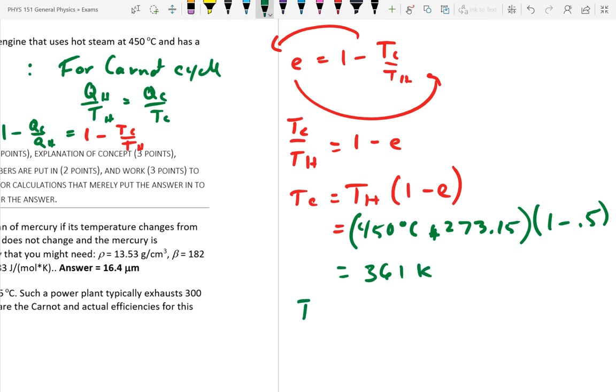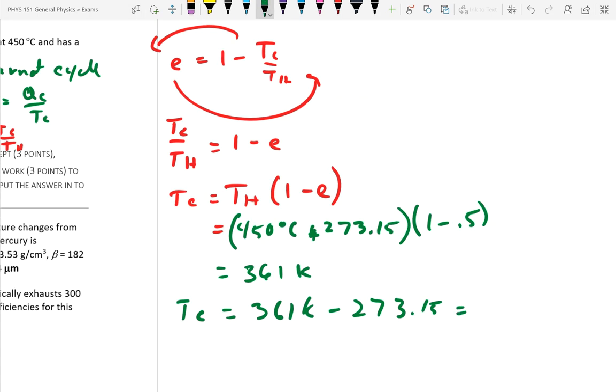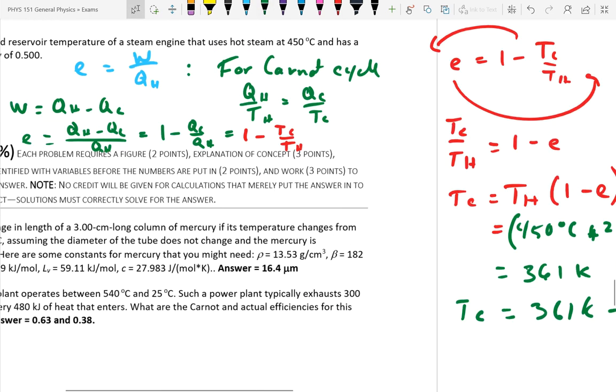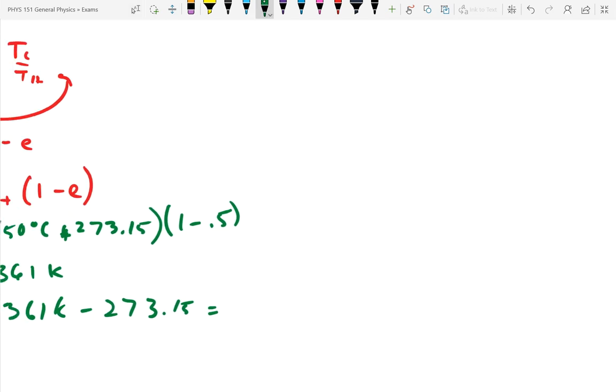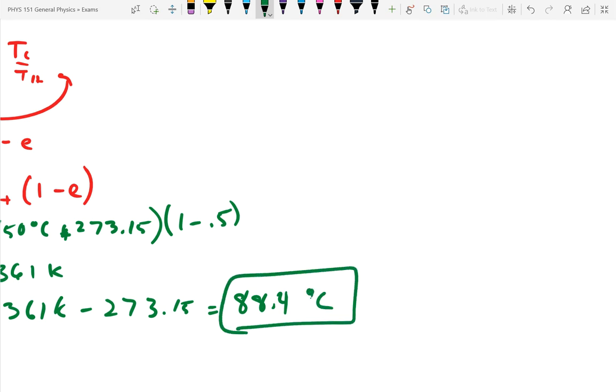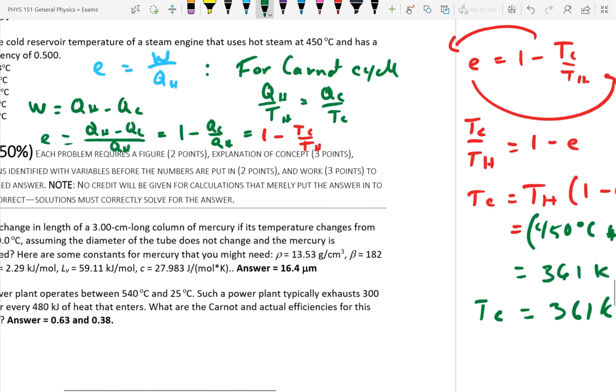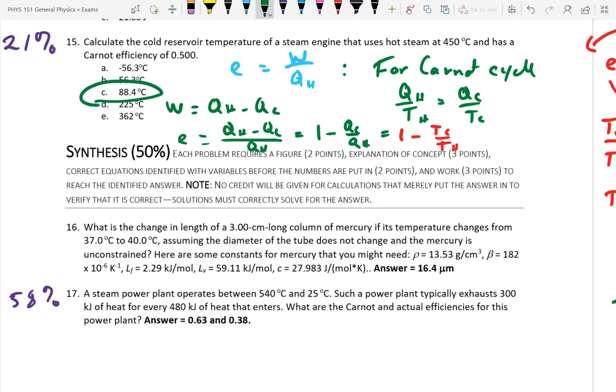And so then 361 kelvins minus 273.15 gives me my Celsius temperature, which it turns out is 88.4. And so that was the correct answer there.